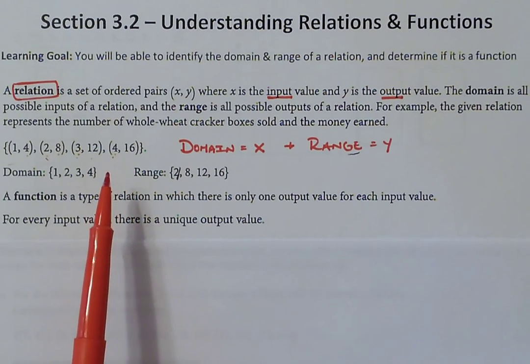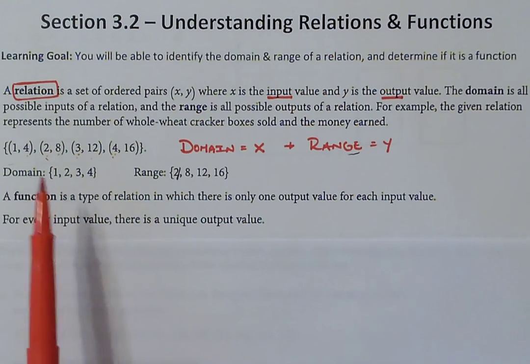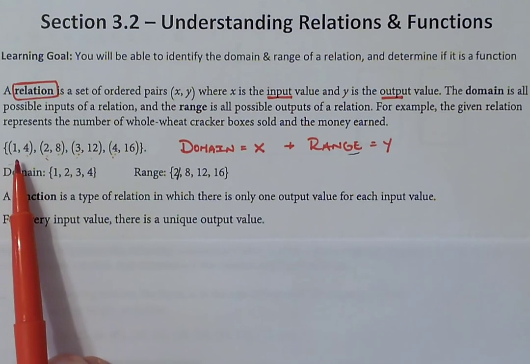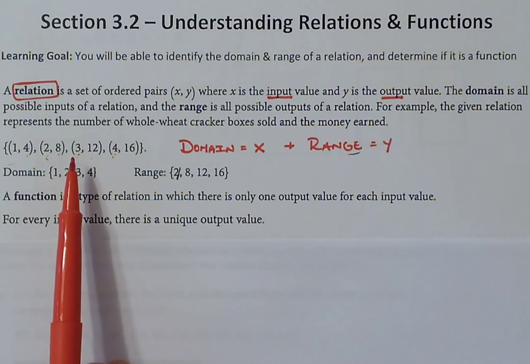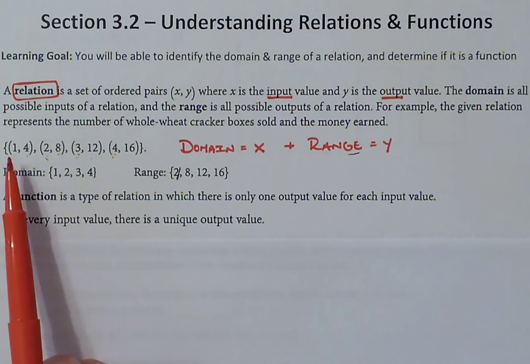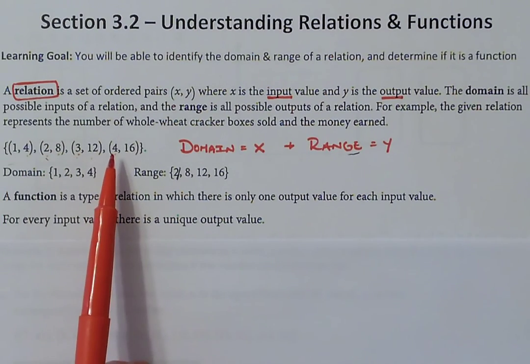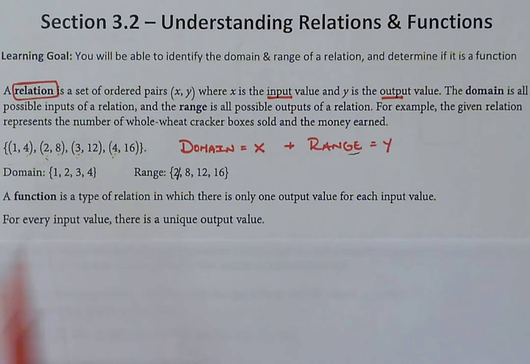It did not, therefore it would be a function. So a function just states that you cannot have the same input or x value more than once and get out a different result. So as long as x is not listed twice, then you have a function. If it is listed twice, you do not have a function.